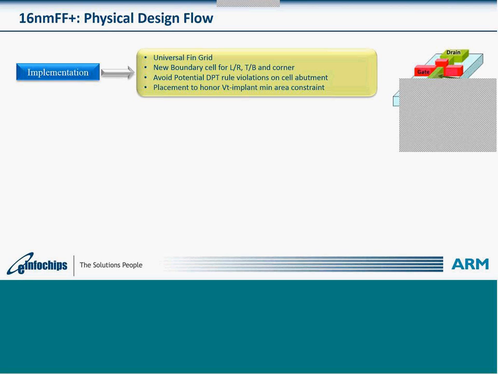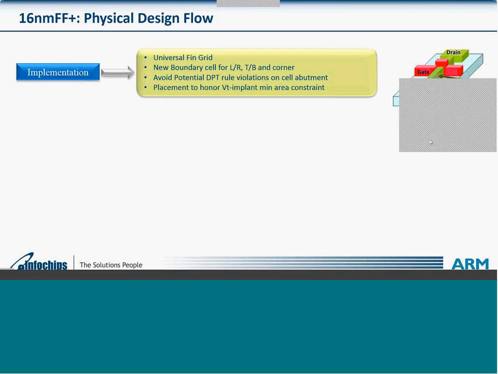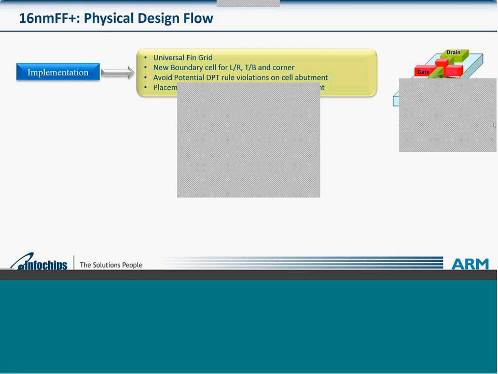Here we also have to follow the universal fin grid. There is also the addition of some boundary cells for left, right, top, bottom, and corner, which were not available earlier. So standard cells also have to develop these to maintain potential DPT rule violations on cell abutment and placement, which honors VT implant related minimum area issues as well.